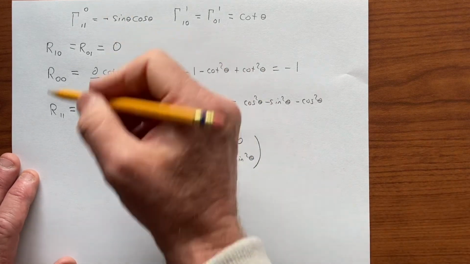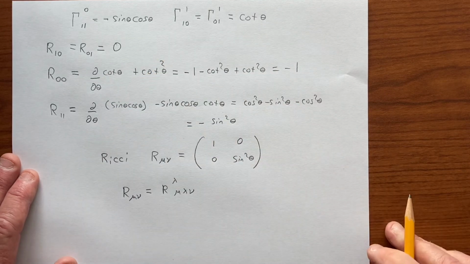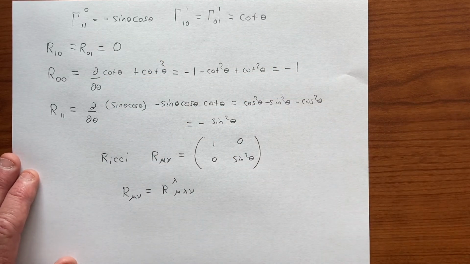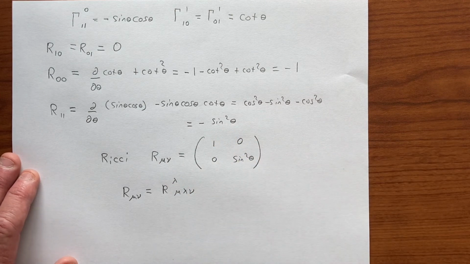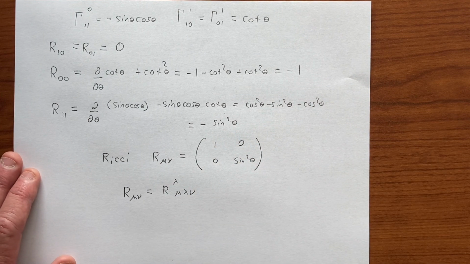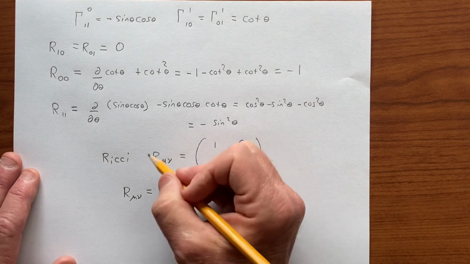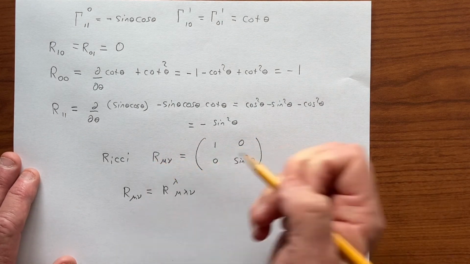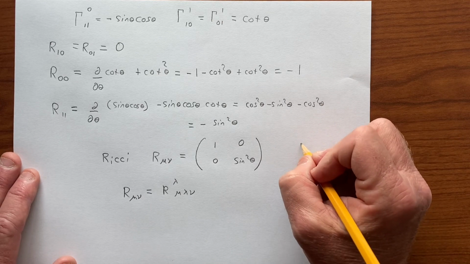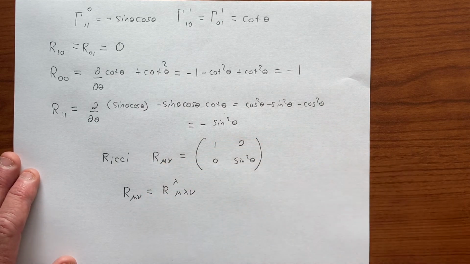So it's not the one that we just used here. The one that we used here gives us minus that. So this object with these components gives us some information about the curvature. And there's another object that we'll look at, which is just a pure number, which we'll get from this. So we're doing the curvature tensor to the Ricci tensor to the Ricci scalar.